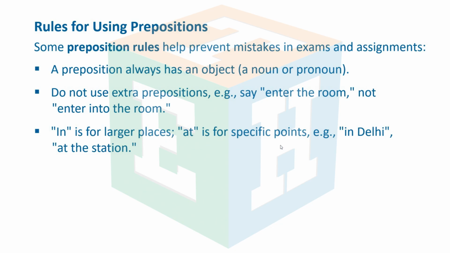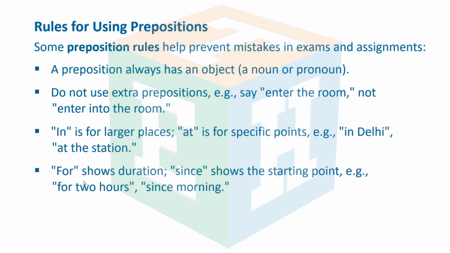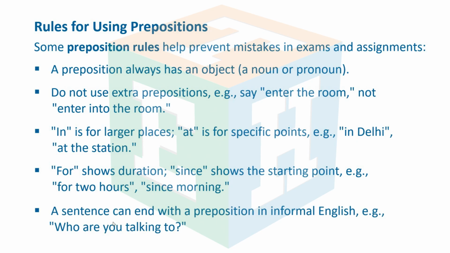At is for specific points. Example, in Delhi, at the station. For shows duration. Since shows the starting point. Example, for 2 hours, since morning. A sentence can end with a preposition in informal English. Example, who are you talking to?